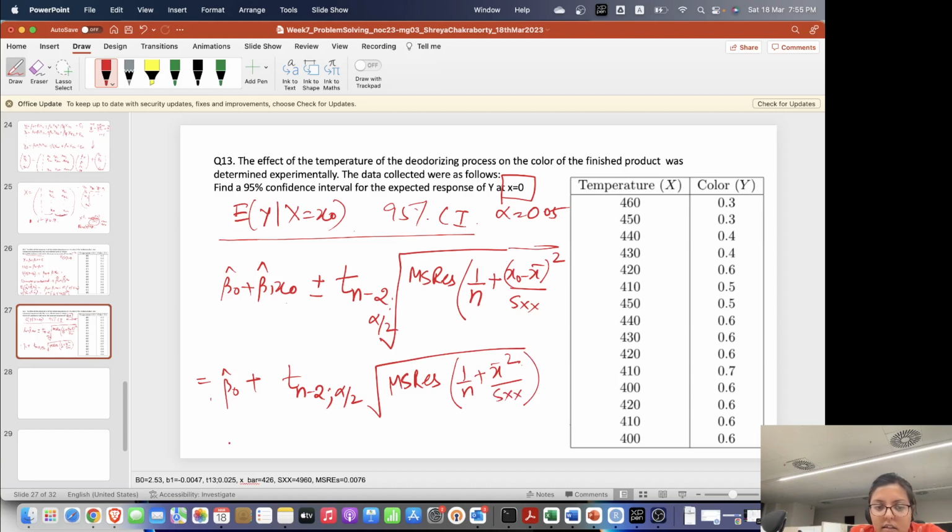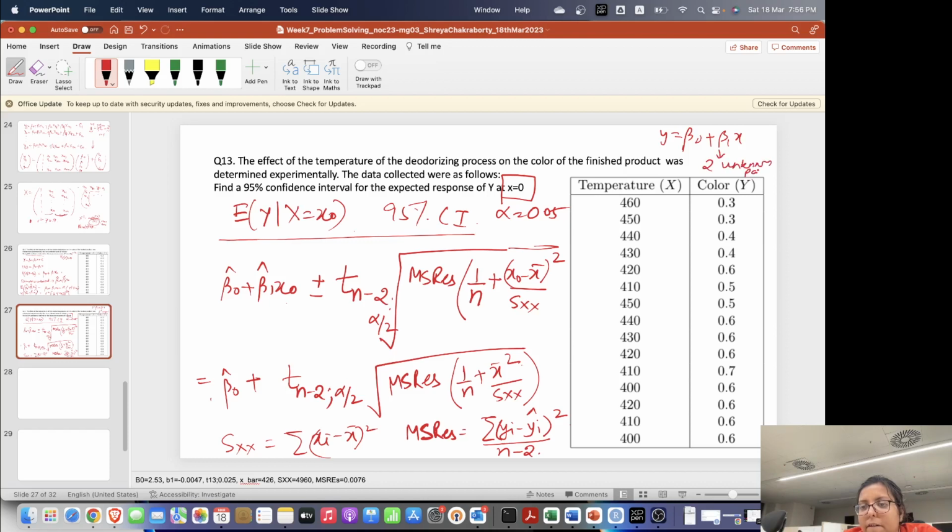What is sxx? It is summation xi minus x bar whole square, and ms residual is what? Summation yi minus yi hat whole square divided by n minus 2, that is the degrees of freedom, because we are fitting two unknown parameters.